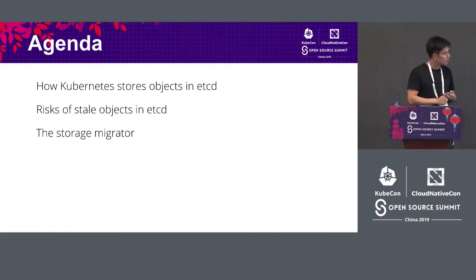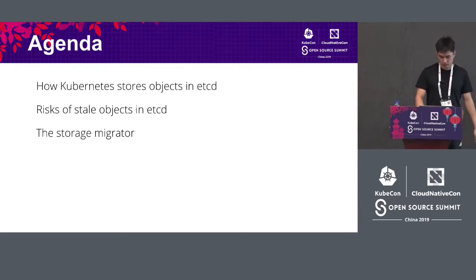It's fun. Then after the background, I'll talk about how come we will ever have stale objects in etcd, and how come that bug happened to me. And at last, I'll talk about the solution, the storage migrator.